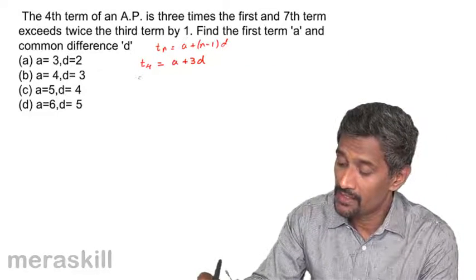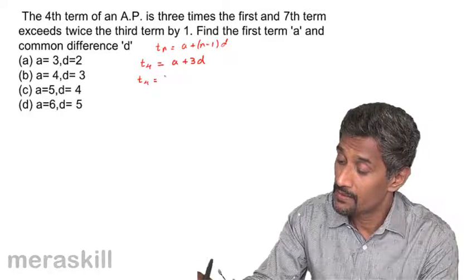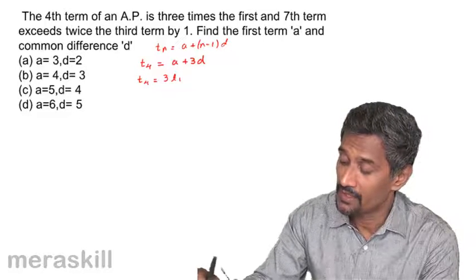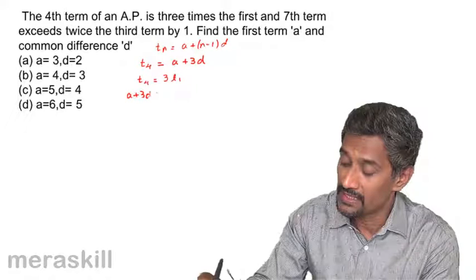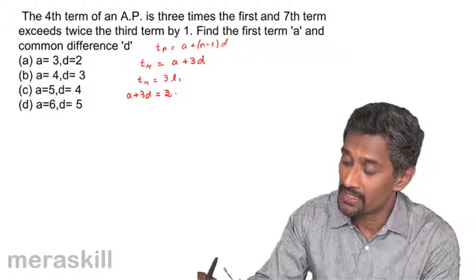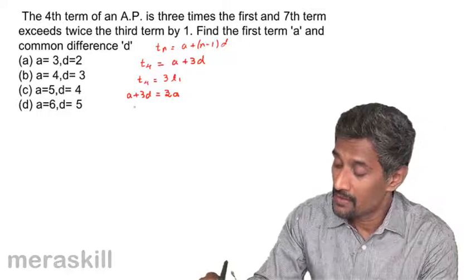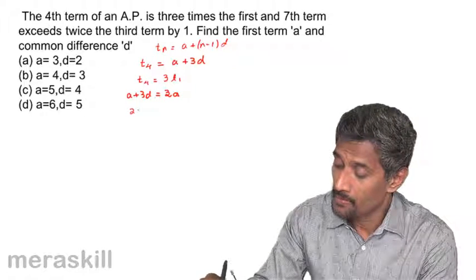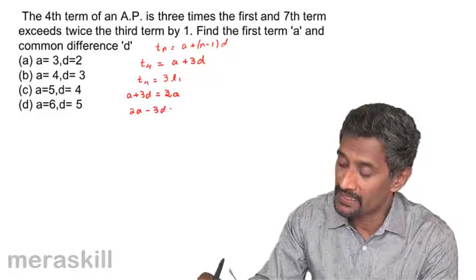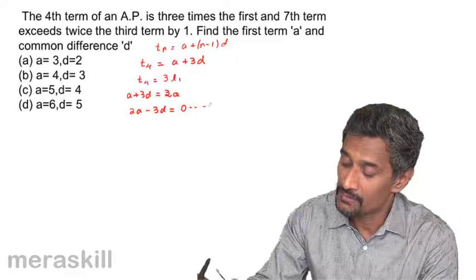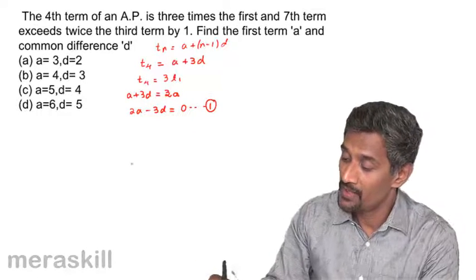It is told that T4 is 3 times T1, that is A plus 3D is 3A, which means that 2A minus 3D is 0. This is the first equation we get.